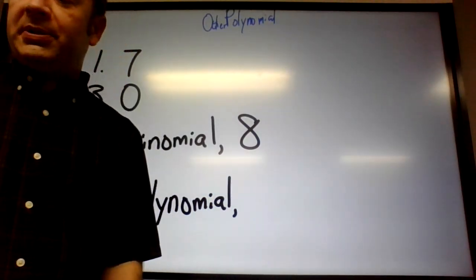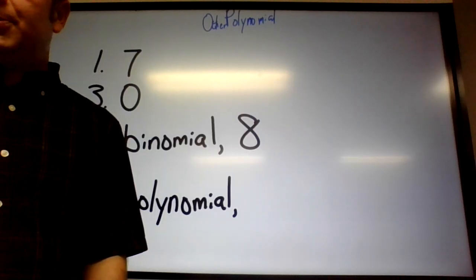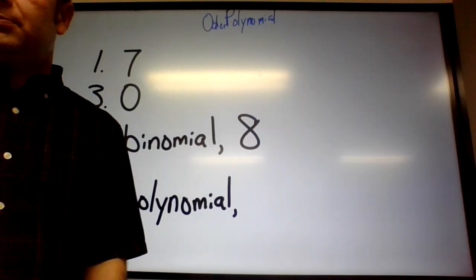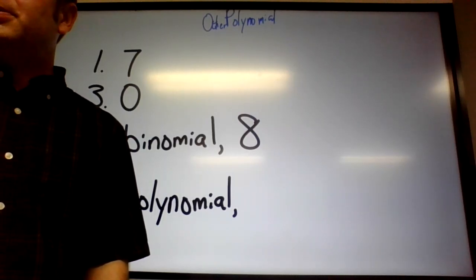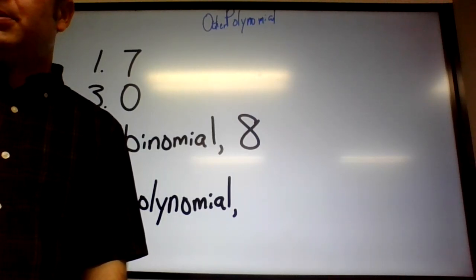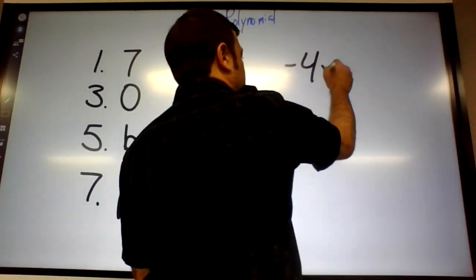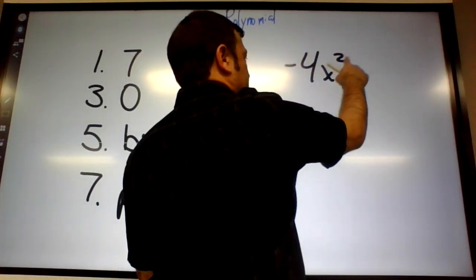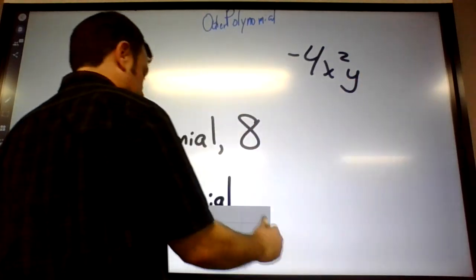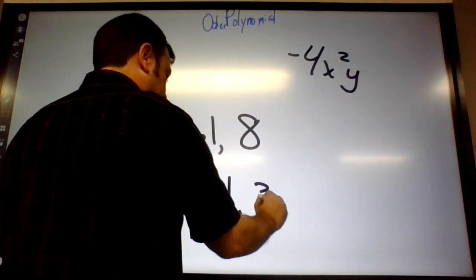All right, anyways, what is the degree of number 7? 3. Because you add. The first term is 2 plus 1. So it's 3.